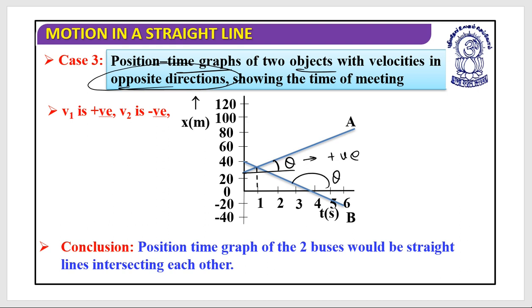As you see, this is again theta, but it is negative. So both are moving in opposite directions. First V1 is positive, and second V2 is negative. The point of intersection shows that these two objects are meeting at this position at this point of time. I hope these things are clear to you.